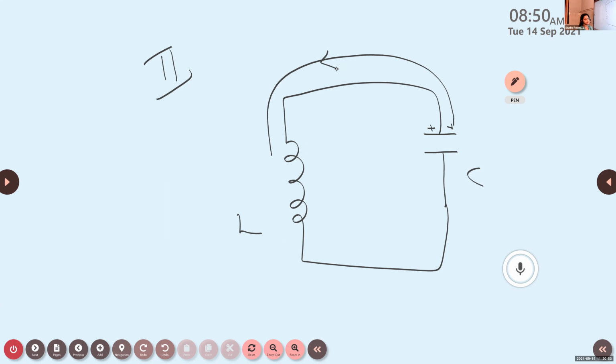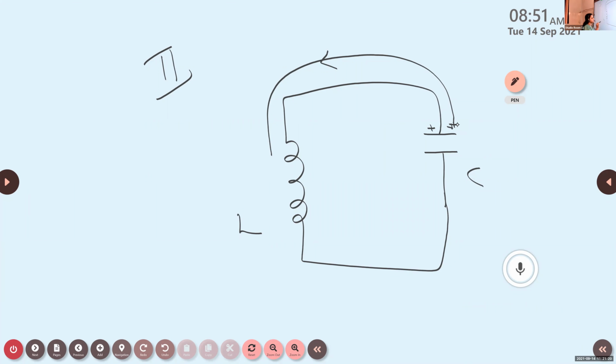In the second case, the charge from the capacitor moves to the inductor. Whenever the capacitor discharges, the positive charge from the capacitor starts to move through this inductor. When the charge enters the inductor coil, the magnetic flux associated with the coil changes. Thereby, it attains a maximum energy.